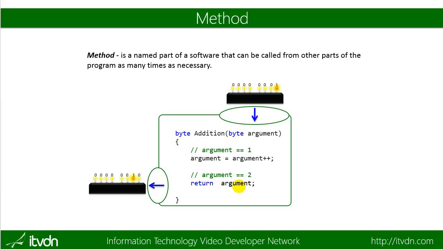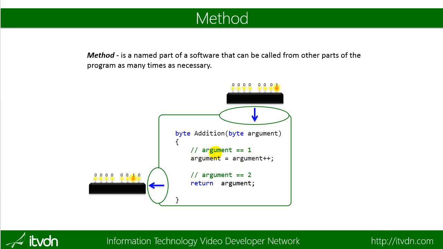Then in the body of our method we have an argument and we assign the argument an increment sign. We have argument plus plus, meaning increment by 1. So we're increasing the value of this argument by 1. So we assign it to our argument.